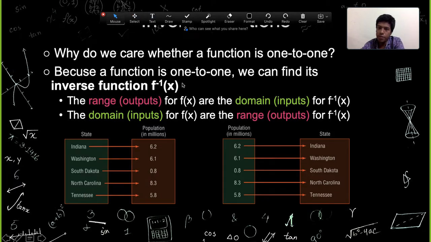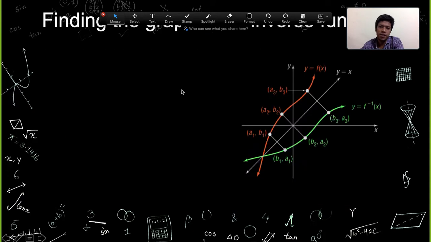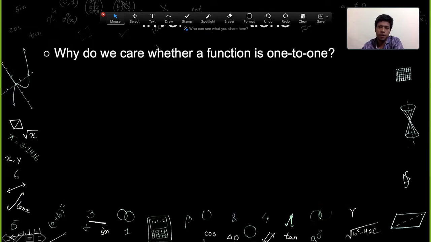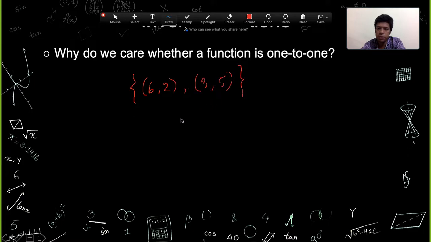The domain of the inverse. Let me tell you simply what is happening here. Suppose you have 6 comma 2 and 3 comma 5, just these 2 points.